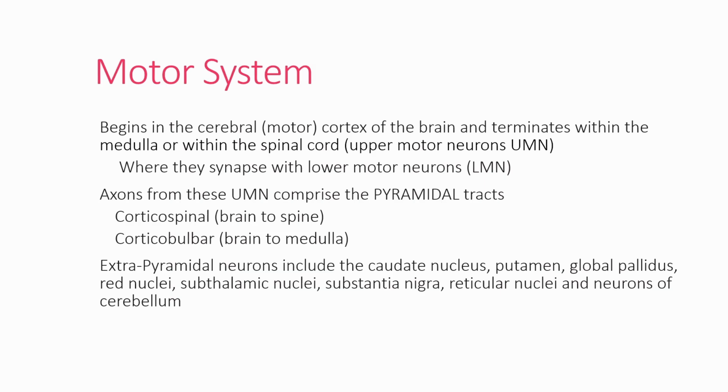Think of this like the wiring in the wall that goes from the breaker box, like your brain, all the way to the outlet on the wall. And then when you plug in your charger, you are connecting a lower motor neuron to the outlet. You're causing a synapse, a junction to occur, communication between the upper and lower motor neurons. In our body, it occurs in the spinal cord.